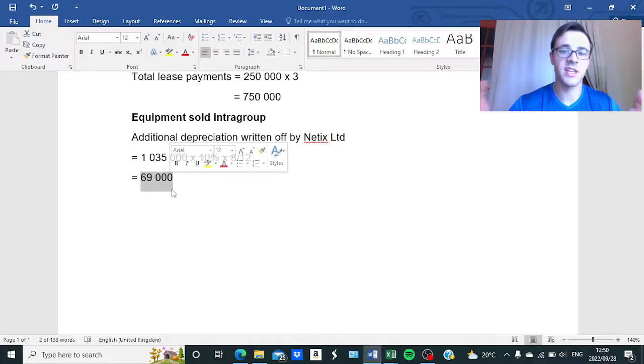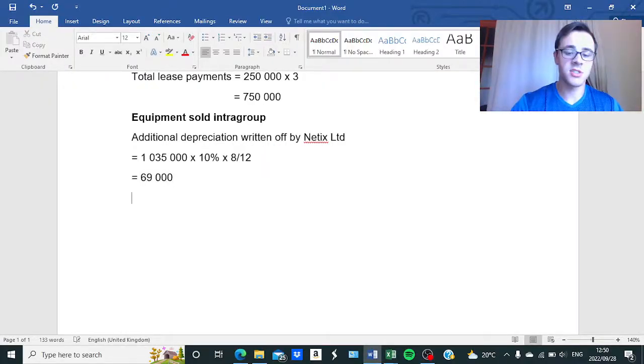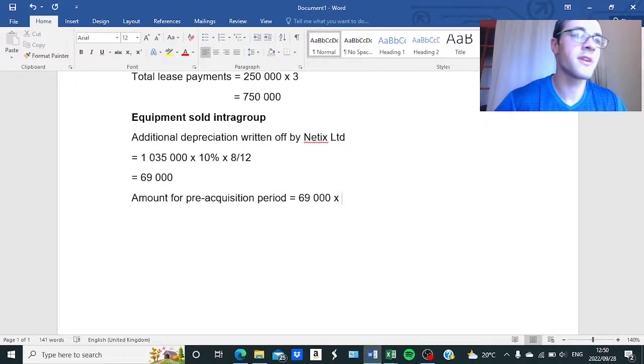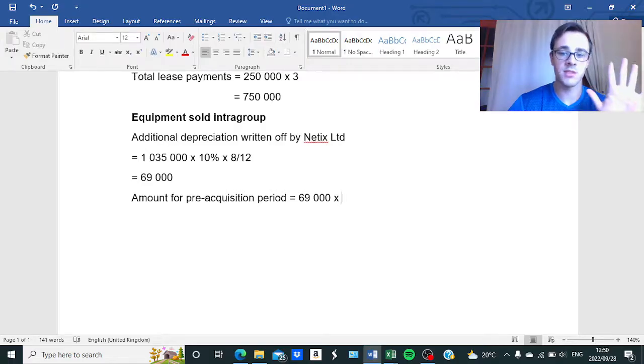So how do we actually calculate the portions themselves? For the pre-acquisition period, we take the amount of 69,000. Now, as we have stated at the beginning of the lesson, the pre-acquisition period consists of a total of 5 months. So we want the amount for 5 months.